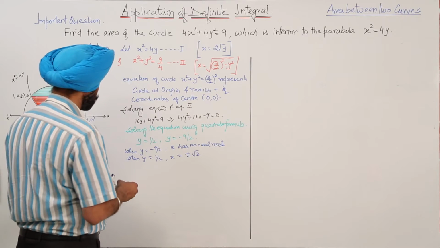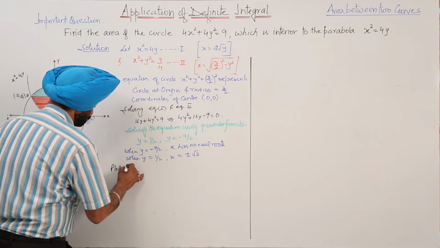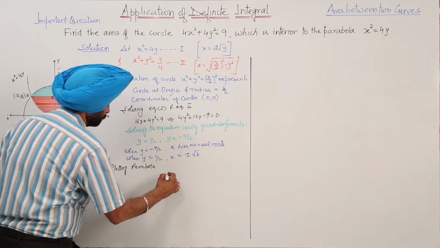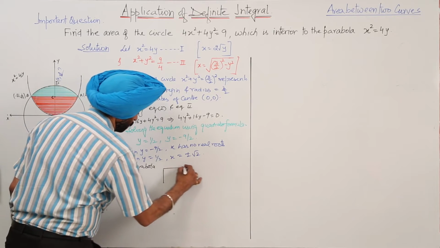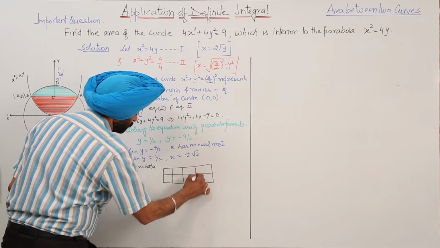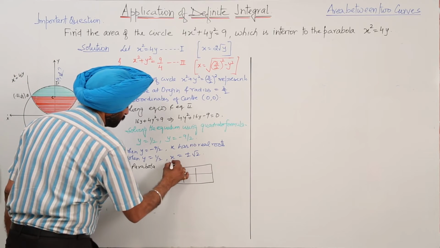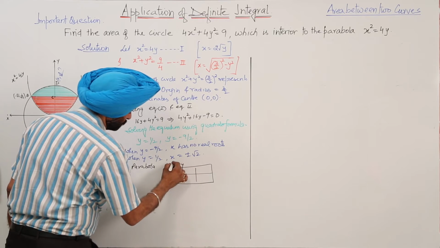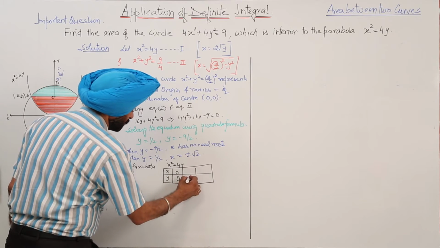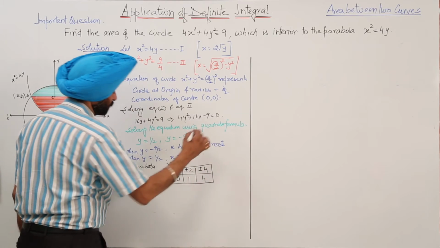Now plotting the parabola, for the parabola let's first find the coordinates x and y, and the equation of the parabola is x square is equal to 4y. Now when y is 0, x is 0, y is 1, x is plus minus 2, y is 4, x is plus minus 4.